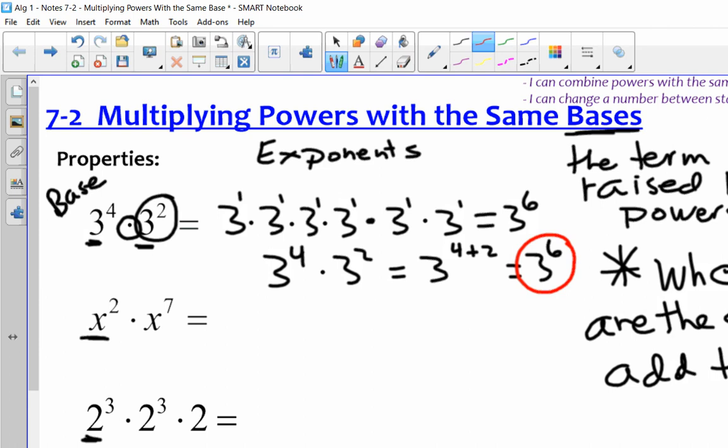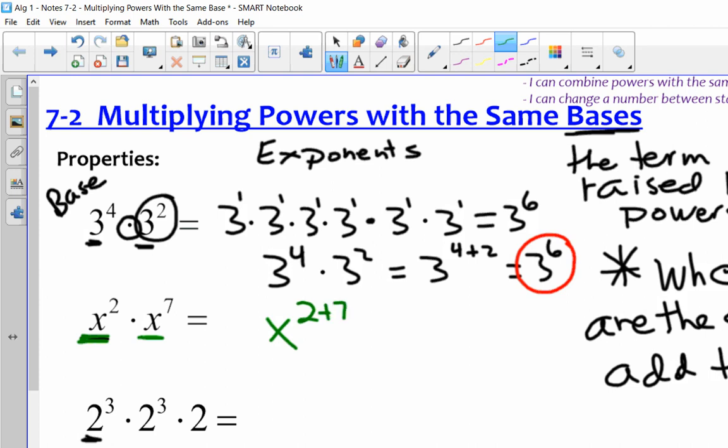Let's take a look at the second one. First thing I'm going to do is look at the bases, whatever they might be. Now it's a variable, but the rule still stays the same. It doesn't matter if it's a number or a variable, it's a base. So the bases are the same, and what I can do is add the exponents.